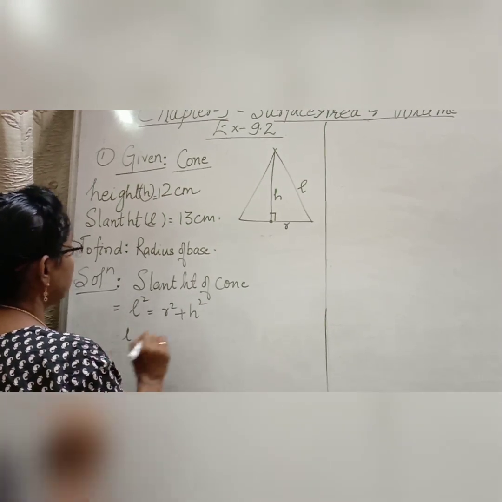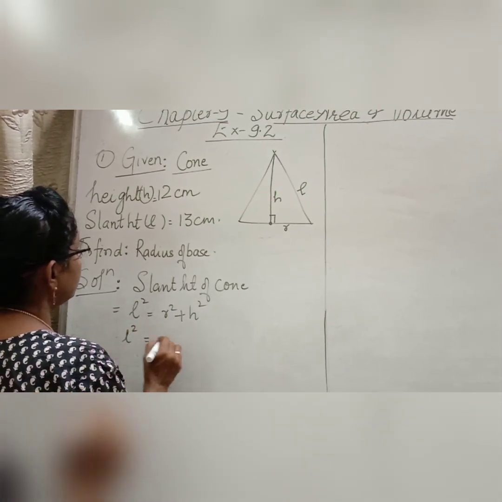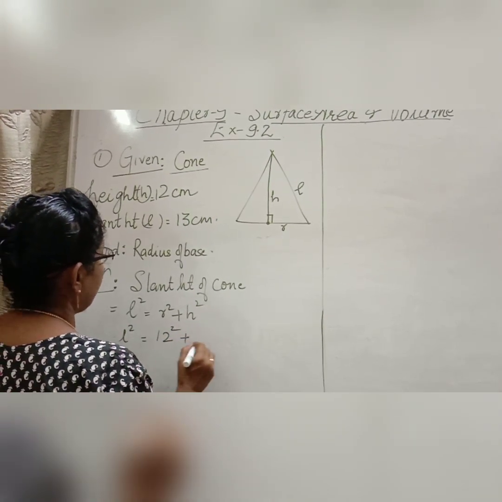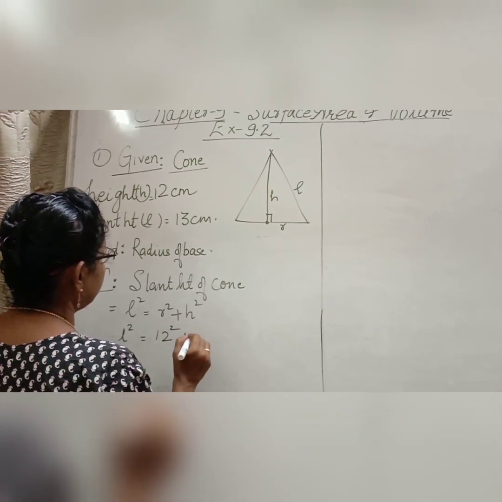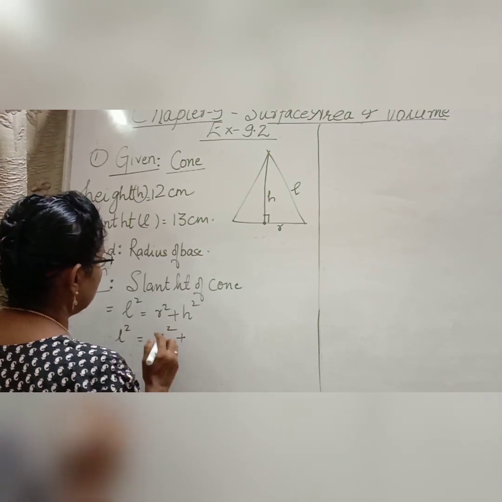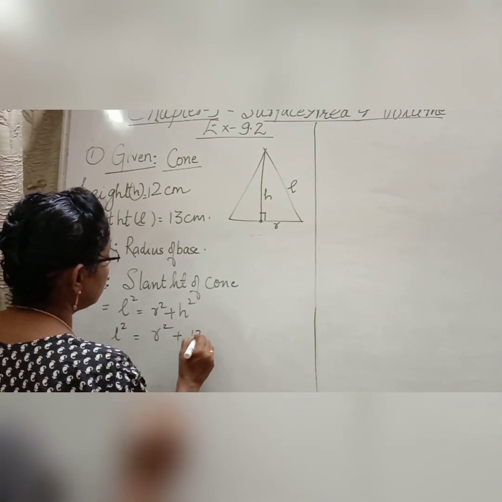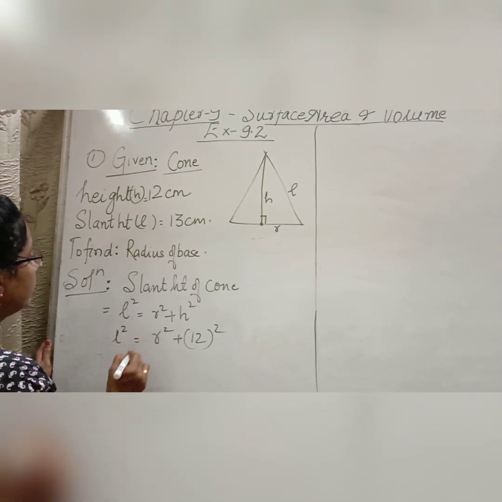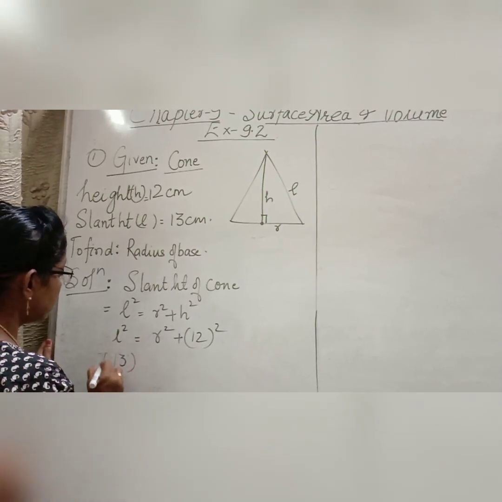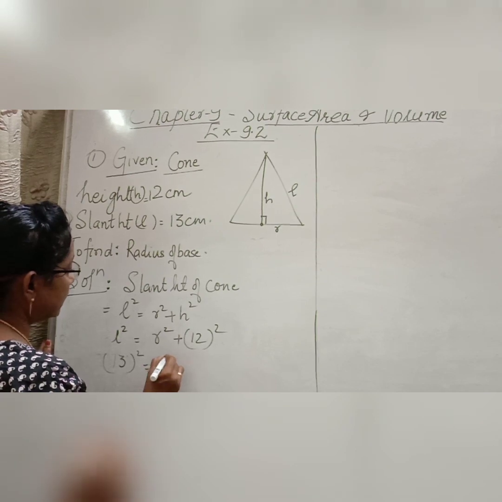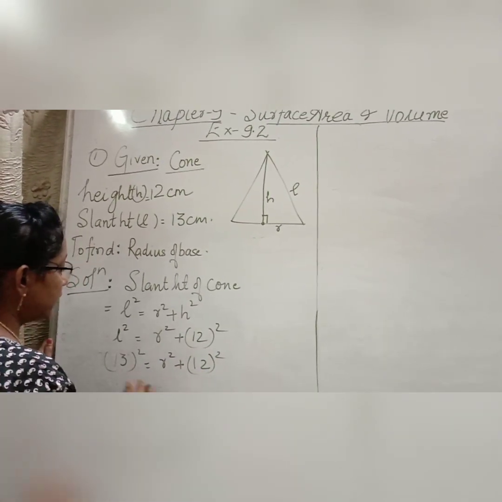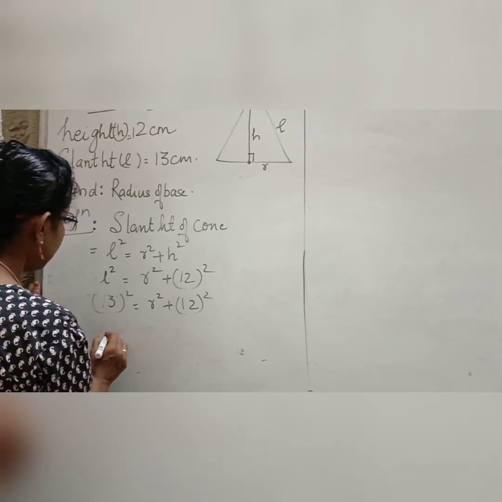We'll put the values. L square is equal to R square plus 12 square, and here in place of L we will put 13. 13 square is equal to R square plus 12 square. Bring the 12 square to the left side.